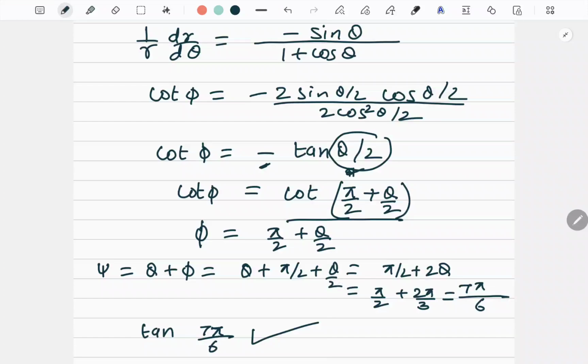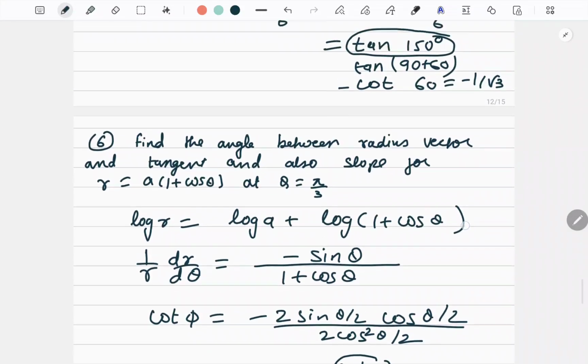So here theta by 2. Correct? So this will come. So this is 2 and 2 plus 1, 3. So 3 theta by 2 plus pi by 2. Correct? And at what point I am asking? What is the theta given in the question?